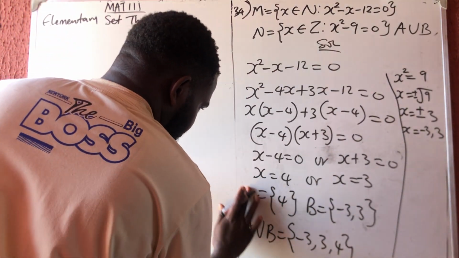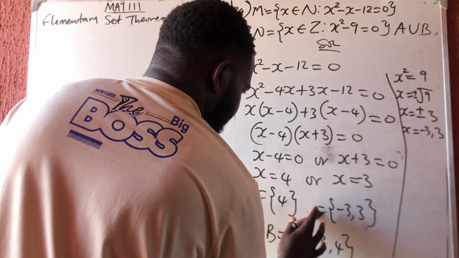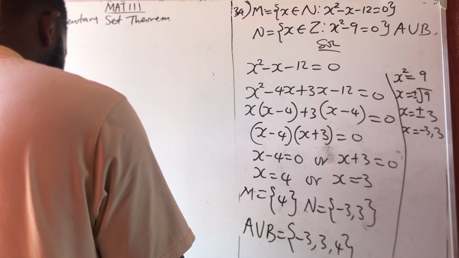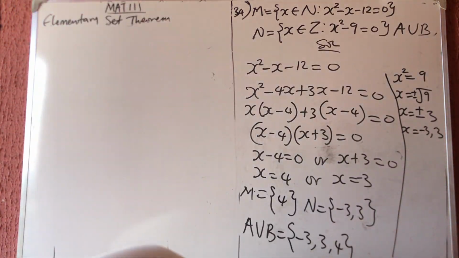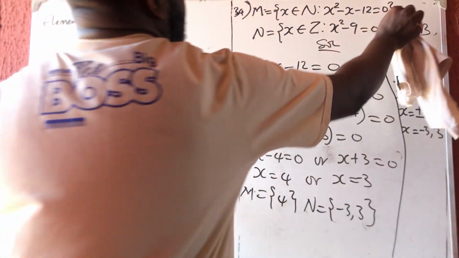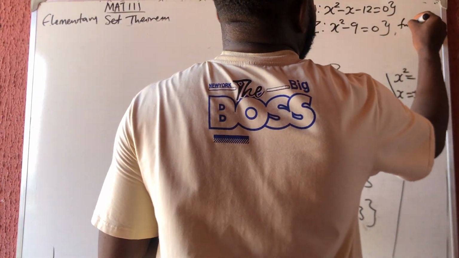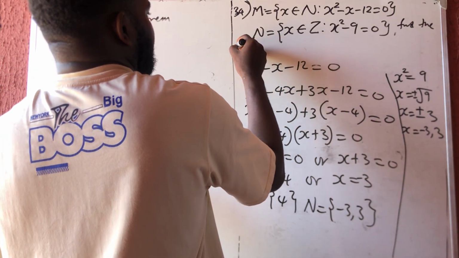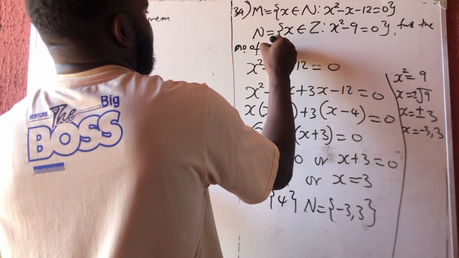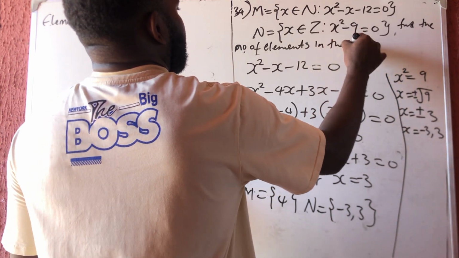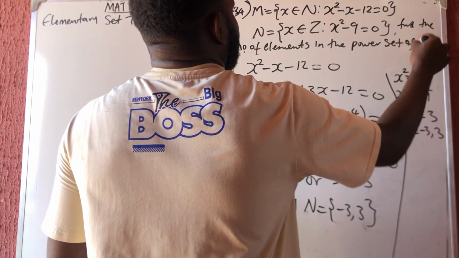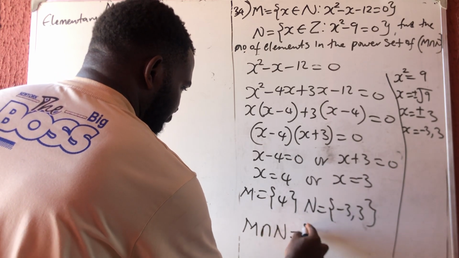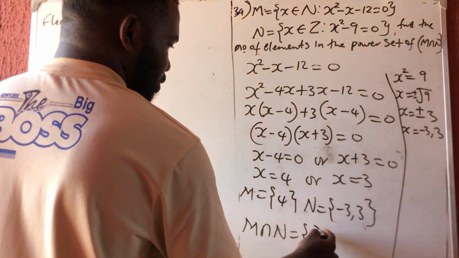So from what we have solved, here is my M and here is my N. All right, we should find the number of elements in the power set of M intersection N. So M intersection N is what they have in common. And I told you, if you look at the two of them, they don't have anything in common. So it's an empty set.